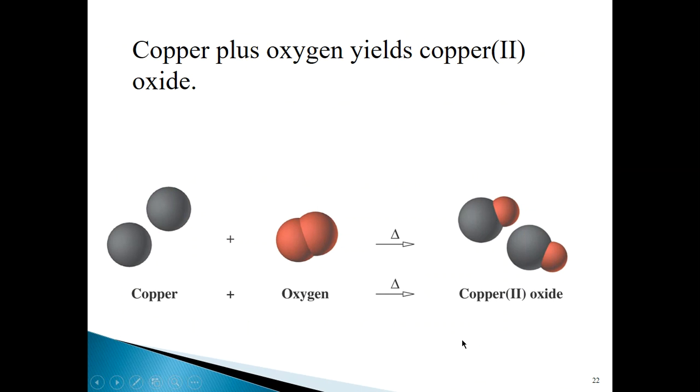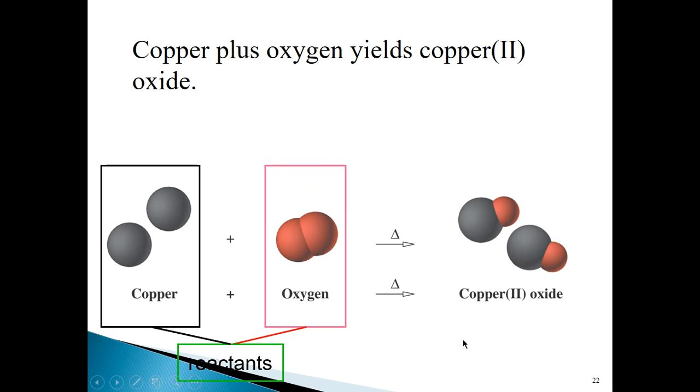All right. Here's another example of a chemical equation. In this case, in fact, this is the previous example we looked at, the reaction between copper and oxygen when heated to form copper(II) oxide. So copper and oxygen would be the reactants in this case. Now this small triangle here, we use that to represent heat. All right. Sometimes you'll see the actual word heat being written above or below the arrow, but you can also use this symbol here.